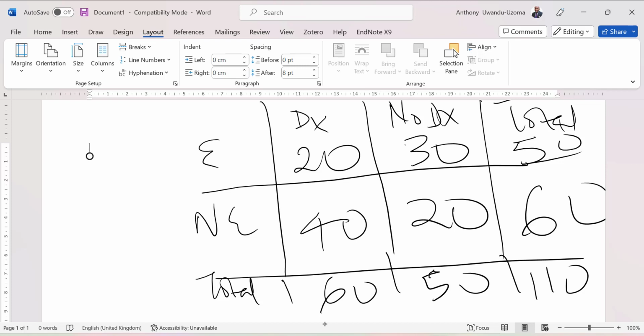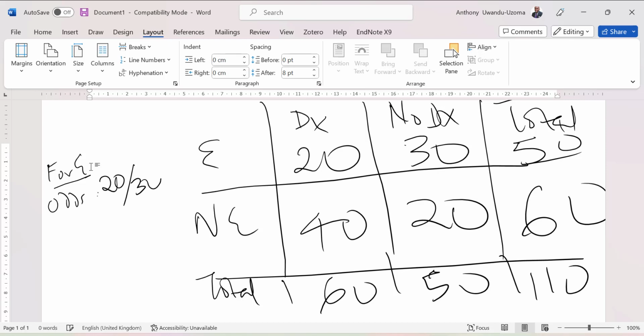So the odds of a disease for the exposed group will be 20 over 30. Take note that I'm not using the total here, I'm not using 50. It's just the odds of having the disease divided by the odds of not having the disease, 20 over 30, for the exposed group.